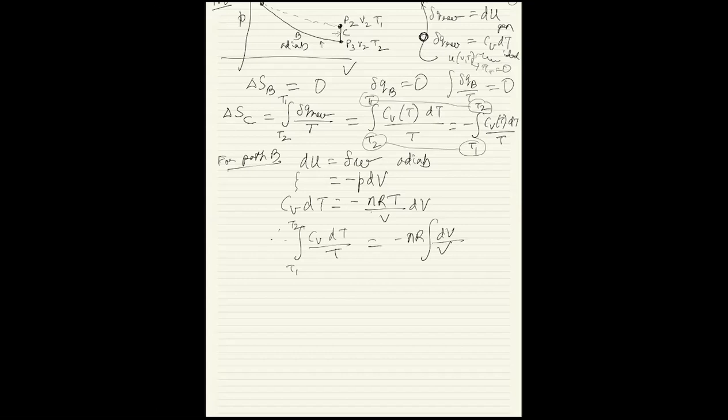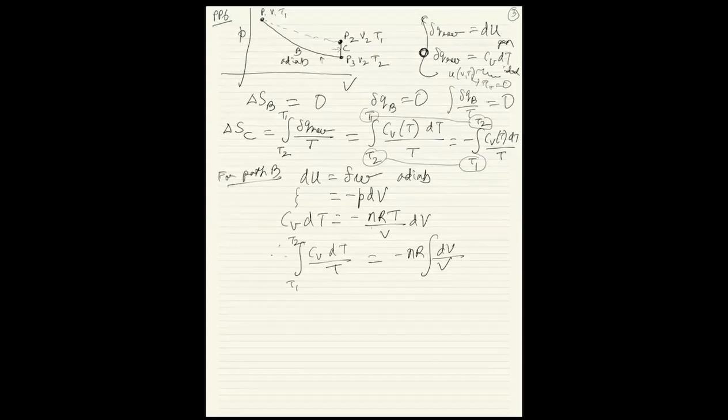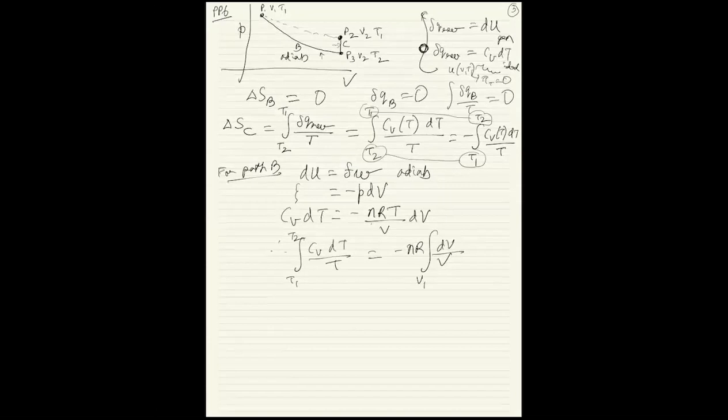And what's the volume at T1? At T1, the volume was V1. At T2, the volume was V2. So this becomes minus nR ln V2 by V1. Let's call this equation 4. Let's call this equation 3. Use 4 in 3, and you have a minus sign up front.